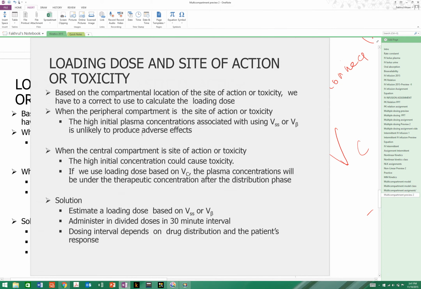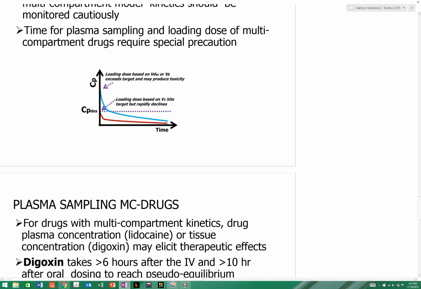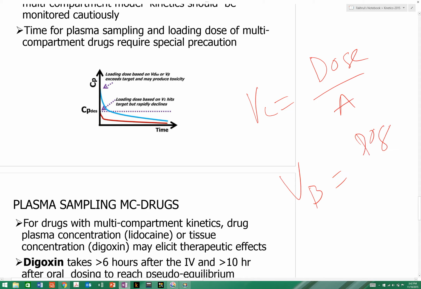Anyway, because of this, as you will see, if you use the correct loading dose, which is V... sorry, if you use one of them, for example, if you use my VC, dose by A, or VB, dose by B, as A is always very big, your volume of distribution is going to be small.